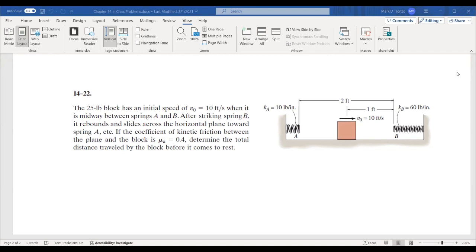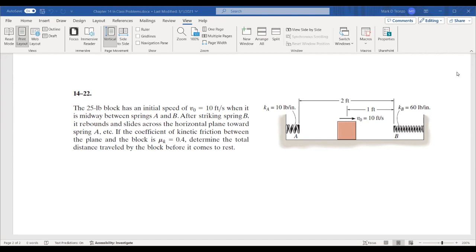14-22. The 25-pound block has initial speed of 10 feet per second when it is midway between springs A and B. After striking spring B, it rebounds and slides across the horizontal plane towards A, etc. If the coefficient of kinetic friction between the plane and the block is 0.4, determine the total distance traveled by the block before it comes to rest.